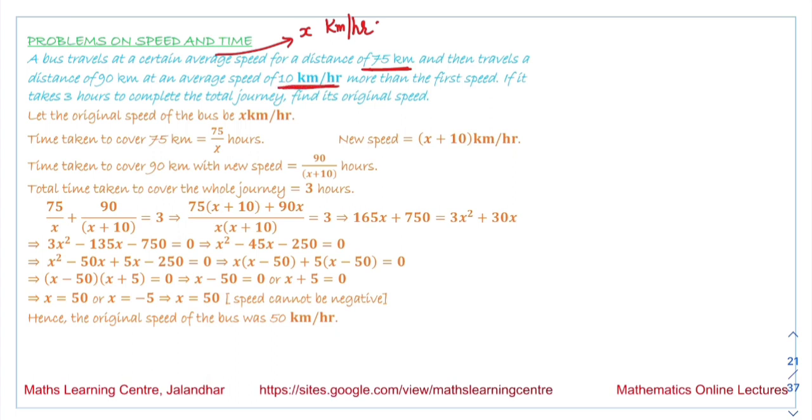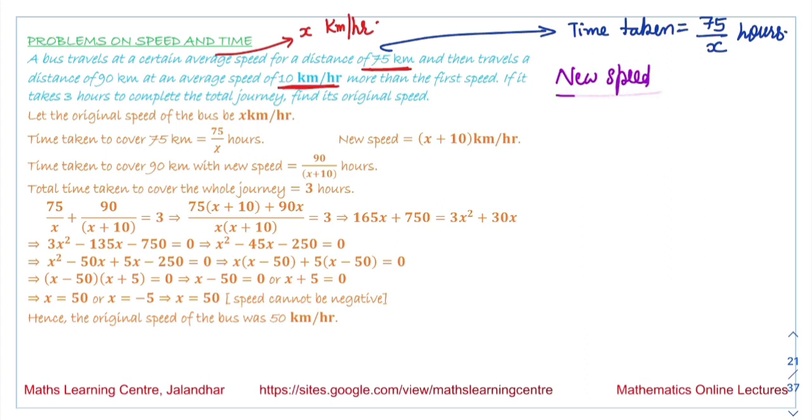So the time taken by the bus to travel these 75 kilometers is distance over speed, 75 over x hours. Now the new speed of the bus is 10 kilometer per hour more than the first speed.